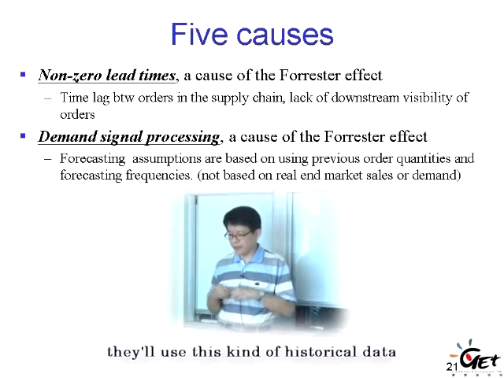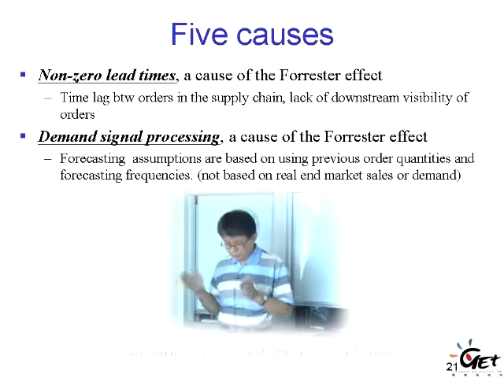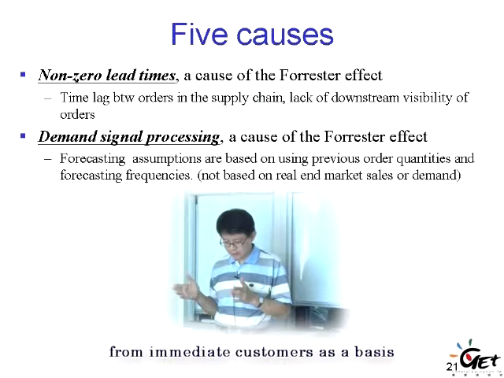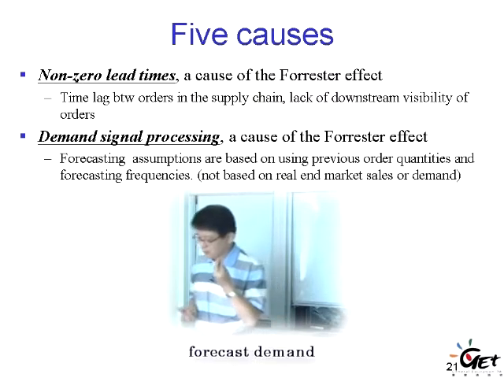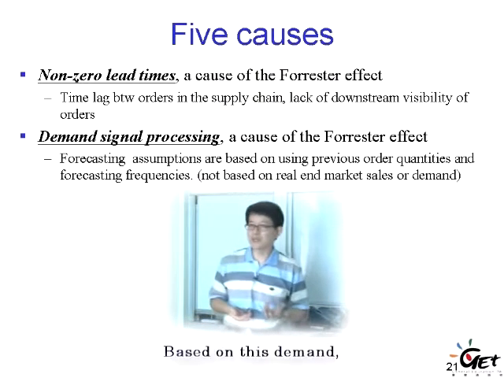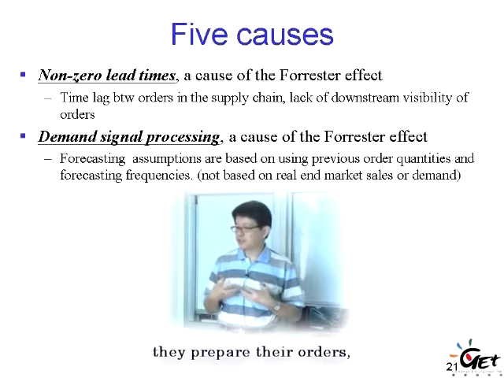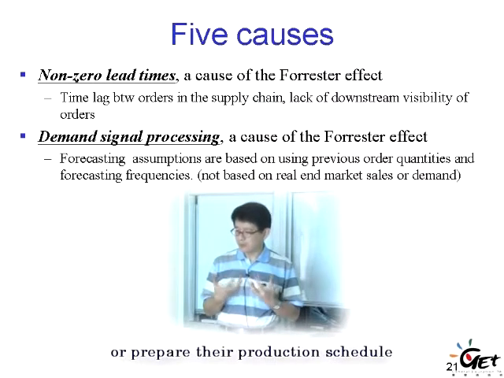So typically they will use this kind of historical data from their immediate customers as a basis for the forecast model and come up with a forecast demand. Based on this demand, they prepare their orders, or their production schedule.